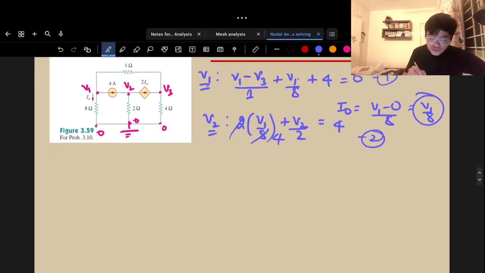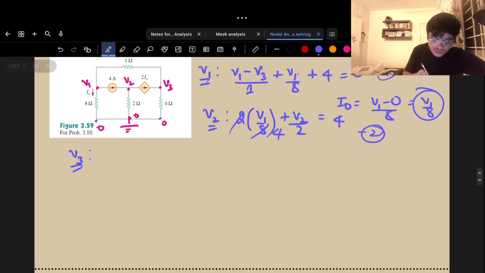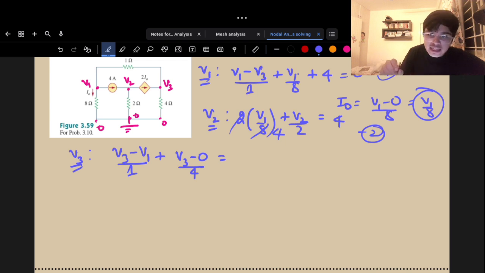And let's write for V3 now. (V3 minus V1) by 1 plus (V3 minus 0) by 4. Now one current is entering again, that is 2 I naught. I know the equation for it: I naught is equal to V1 by 8, and 2 I naught is equal to V1 by 4. So you got three equations here.